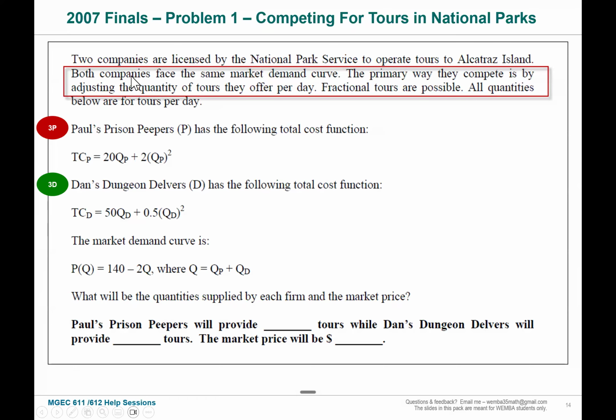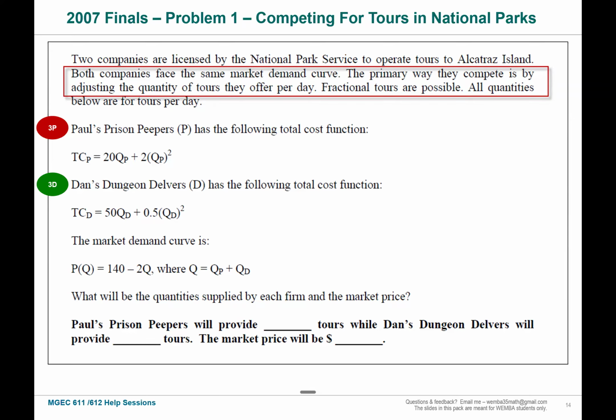All right, two companies are licensed by the National Park Service to operate tours to Alcatraz Island. Both companies face the same market demand curve. The primary way they compete is by adjusting the quantity of tours they offer per day. So you know they're competing on quantity.